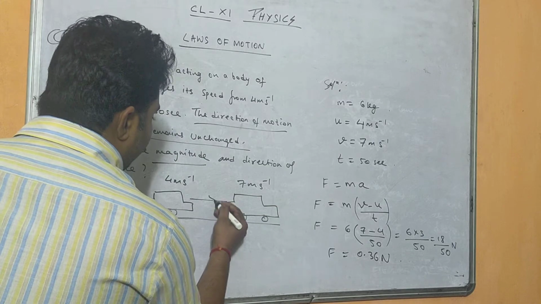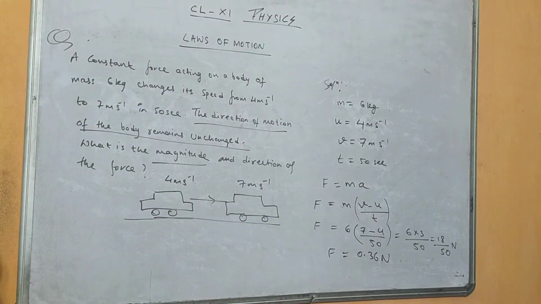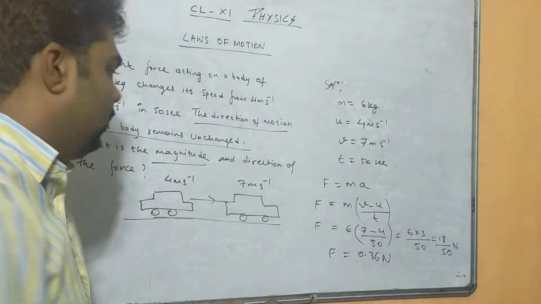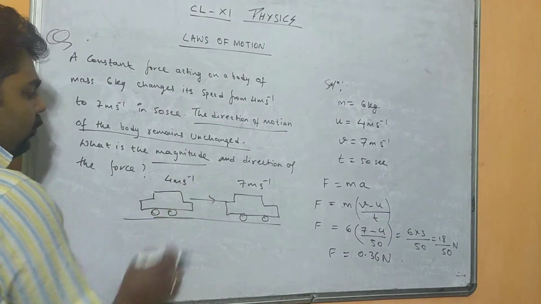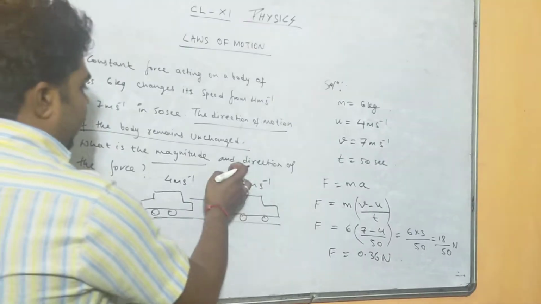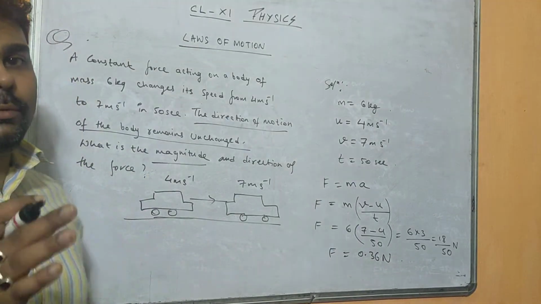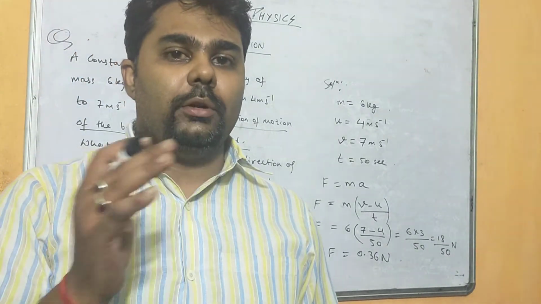So velocity is changing, but the direction will be the same as the direction in which it is moving at 4 meter per second. So the direction of the force will be along the 4 meter per second.